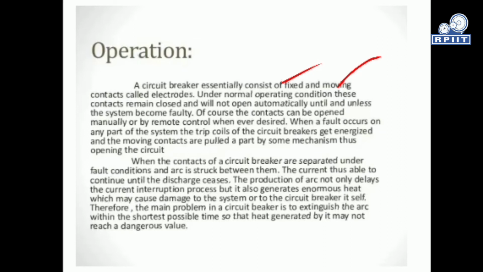So the main problem in a circuit breaker is how to extinguish this arc produced in the contact open and close process. The extinguishing of the arc should happen in the shortest possible time, because the heat generated by it may reach a dangerous value and will damage the equipment or circuit breaker as well.